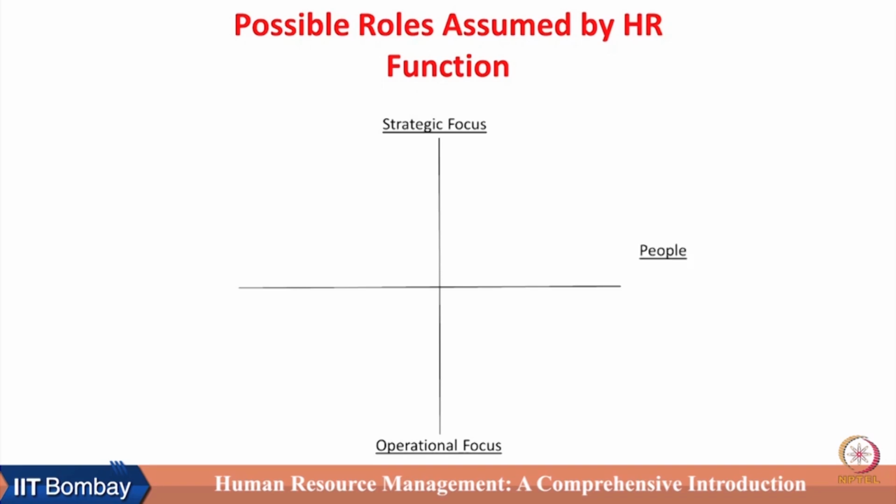HR function can also have more emphasis on people and more concern for people, or it can gear up more to sustain and maintain the system in the organization. At the cross section of these two continua, we get four roles of the HR function.